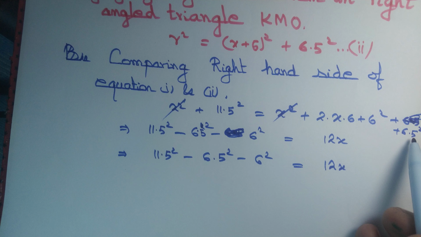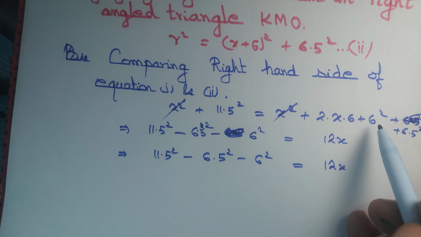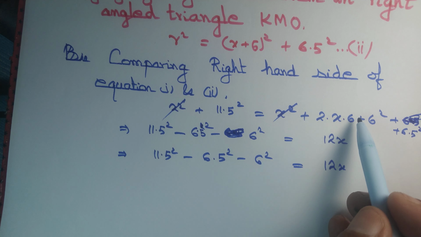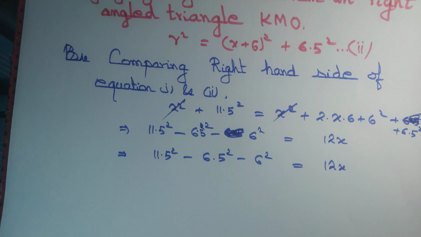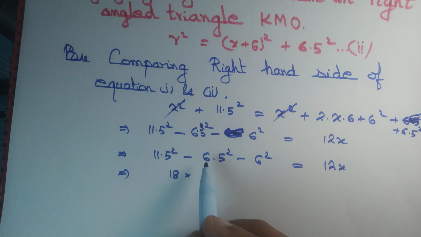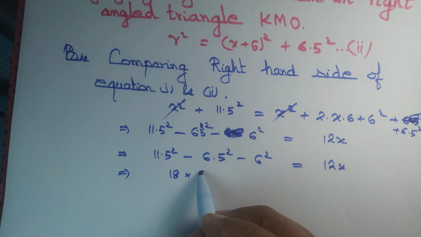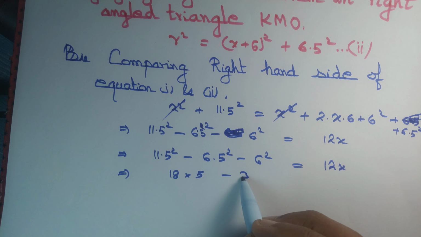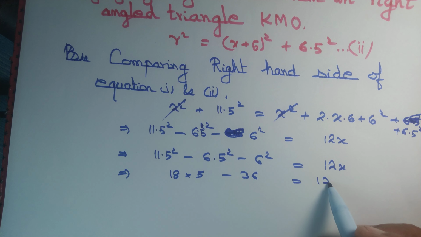So 6.5 square we write to the left hand side, 6 square we write to the left hand side, 2 into 6 is 12, so 12x. Can we solve for x? Of course. We can apply the formula a square minus b square equals a plus b into a minus b. 11.5 plus 6.5 is 18 into 11.5 minus 6.5 is 5, minus 36 equals 12x.